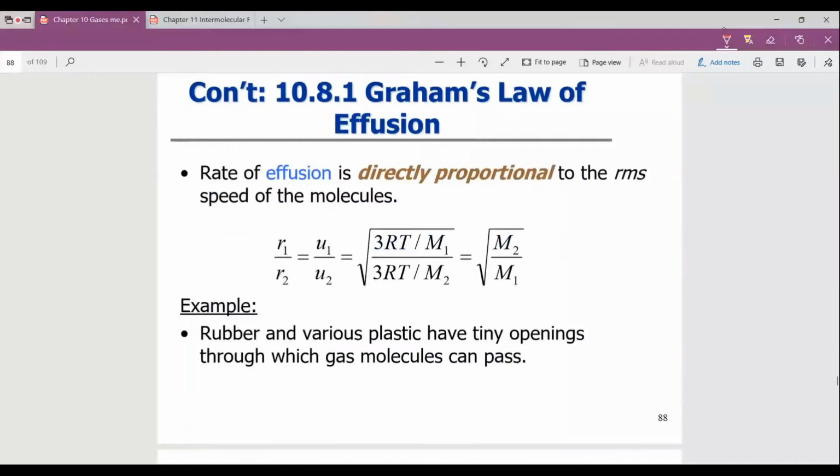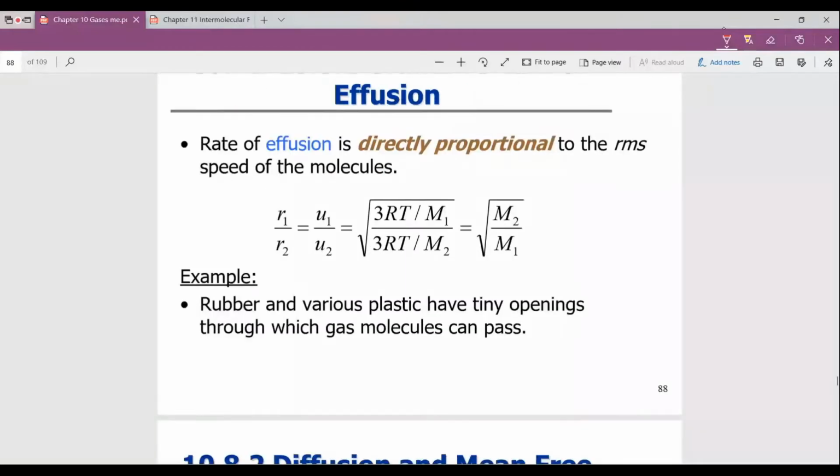Okay, how do we get this formula? Here, r is the rate of effusion and u is the RMS speed, so r1 over r2 is inversely proportional to u1 over u2. So from here, r1 over r2 equals square root of 3RT over M1 divided by square root of 3RT over M2.